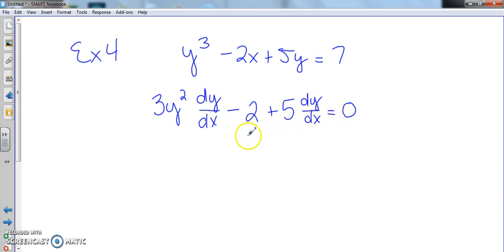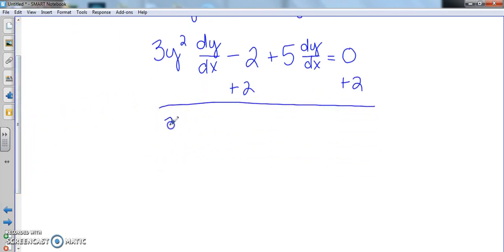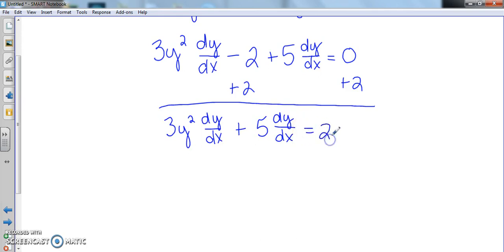So rule 2 said let's get dy/dx to one side and non-dy/dx to the other. So what I'm going to do is add 2 to both sides. When I do that, I am left with 3y squared dy/dx plus 5 dy/dx is equal to 2. Step 3 told us to factor out a dy/dx. So hopefully you see we have two terms and both contain a dy/dx.